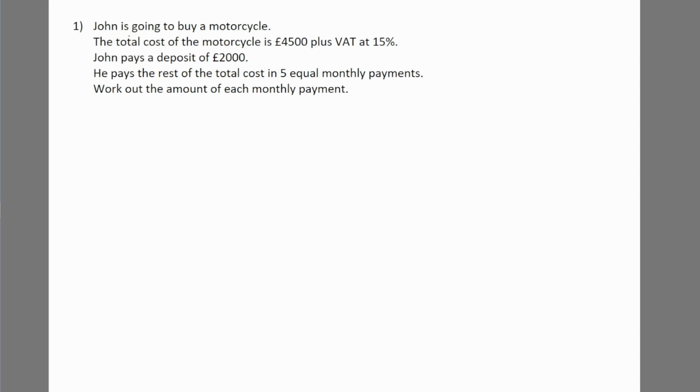Okay, so John is going to buy a motorcycle. The total cost of the motorcycle is £4,500 plus VAT at 15%. For VAT, by the way, if you don't know, it's value added tax. So it's always a percentage increase.